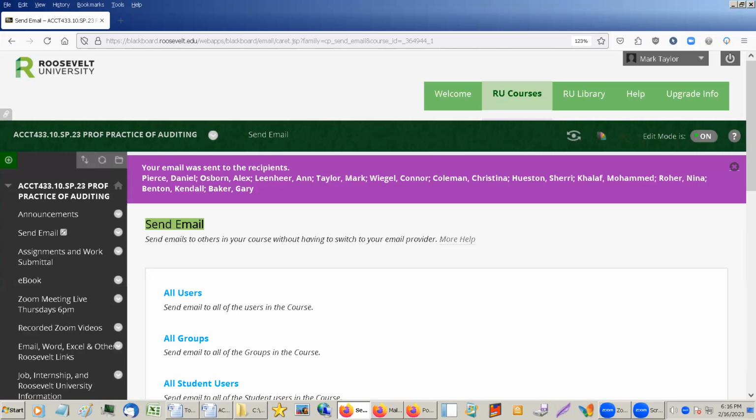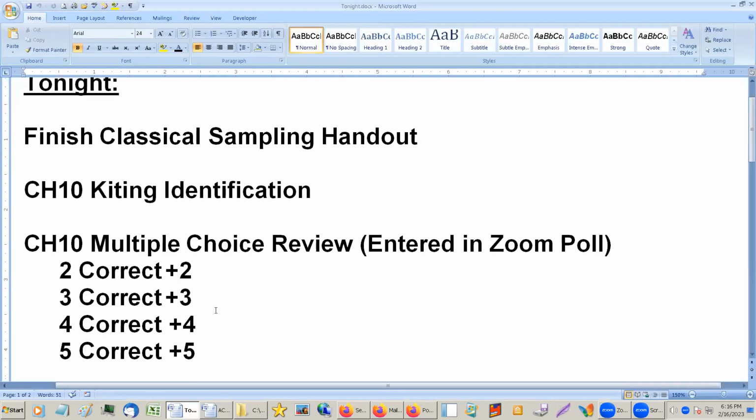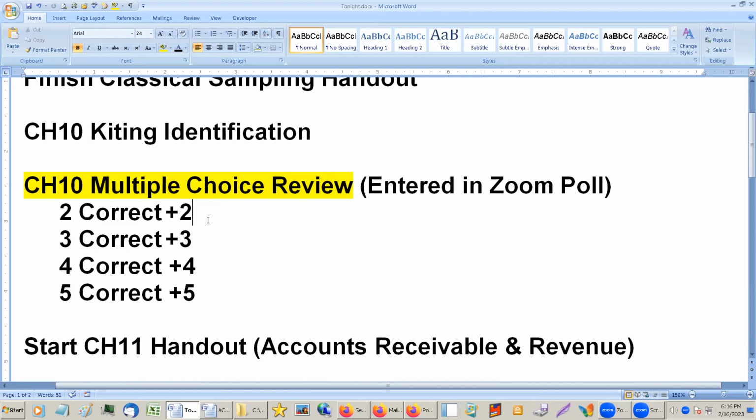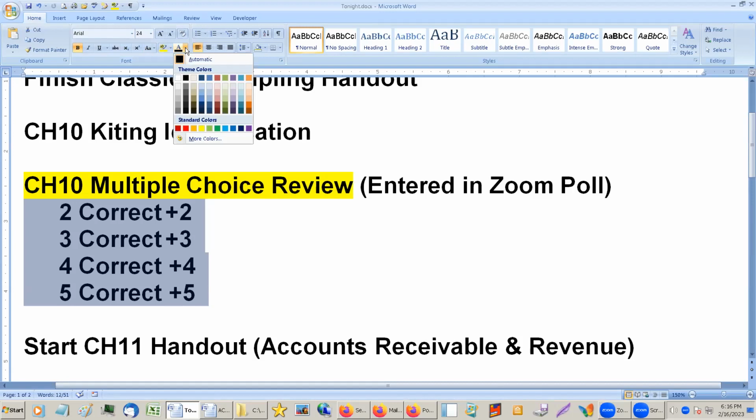Okay, so you should get this momentarily. What we're going to do is a multiple choice review, and these are some multiple choice questions, most of these are CPA questions. I think all of these are, to be honest with you. There's only 5 of them on this one, and you can get extra credit points for the class by how many you get correct, what percentage, basically.